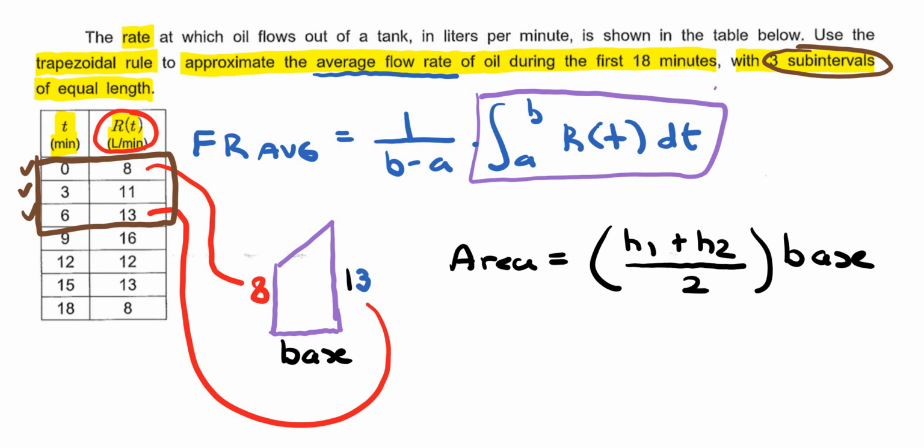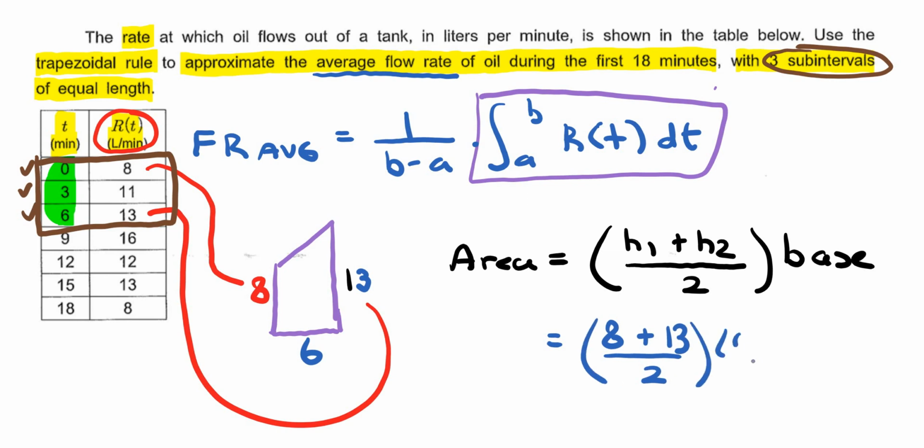The base of my trapezoid is from 0 to 6, so it has a base of 6. So this would be (8 plus 13) divided by 2 times the base 6. That gives me the area of the very first trapezoid.